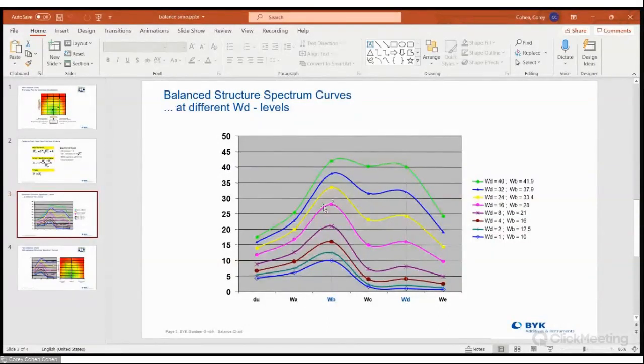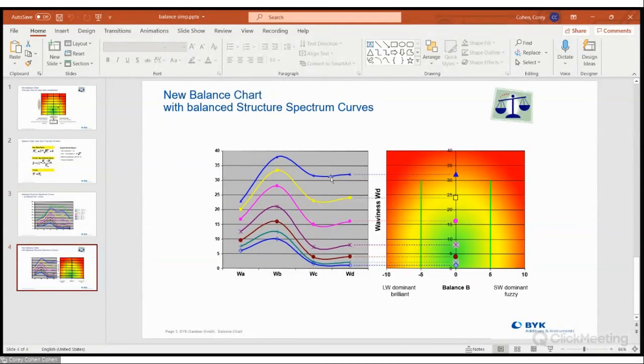These all have a B value of 0, so these would all be considered to be in perfect balance according to that equation. Of course, the lower the overall structure, the better. But if you are going to have some structure that you can't get rid of, you do want them to be in balance. And you can see here, again, these all have a B value of 0, so they're all right on this axis.